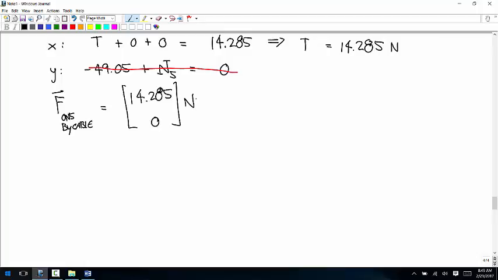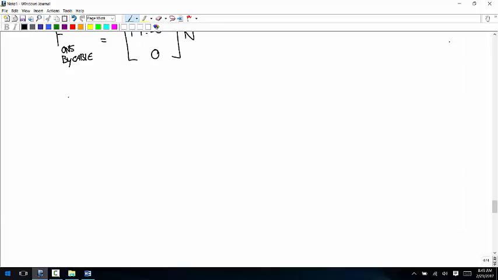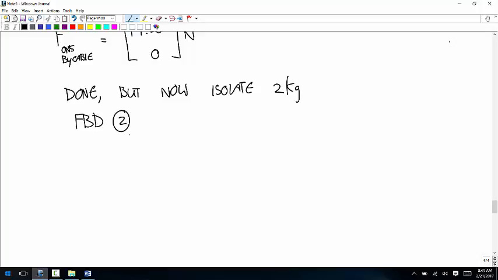Okay, so we're done with it, we did it. But now let's see what happens if we would have isolated the 2 kilogram box. So the free body diagram of the 2.